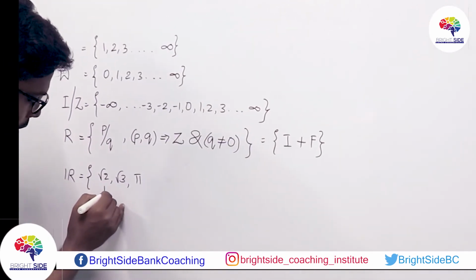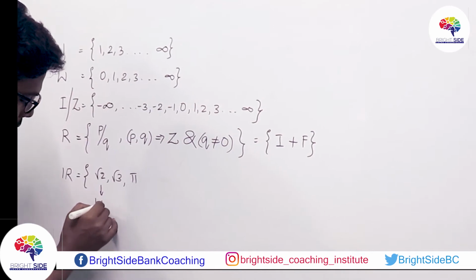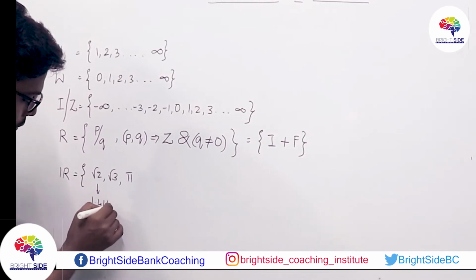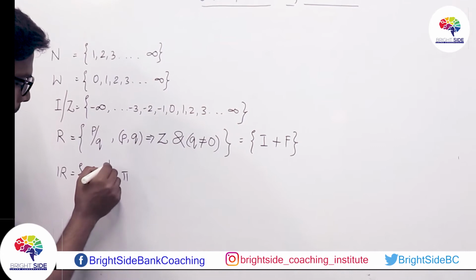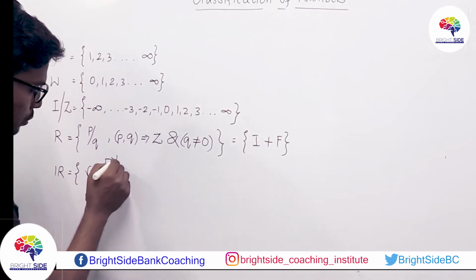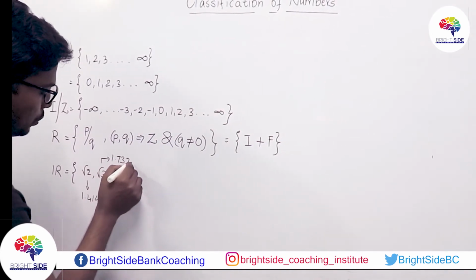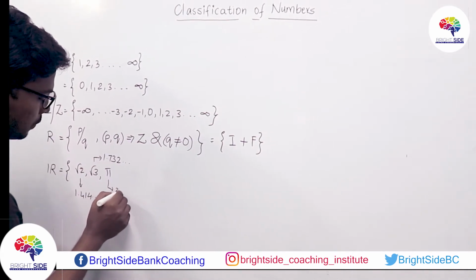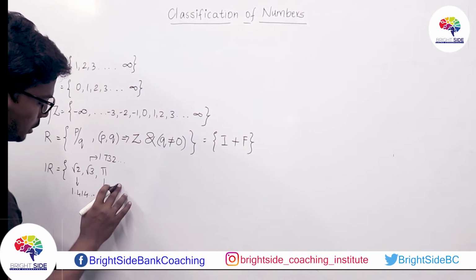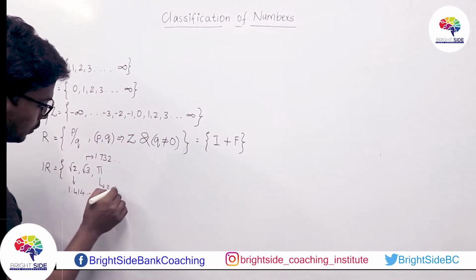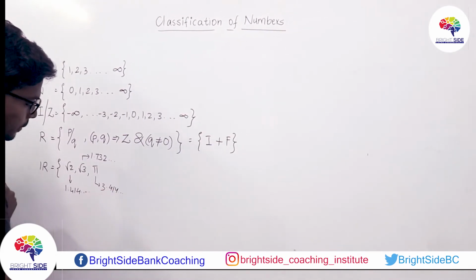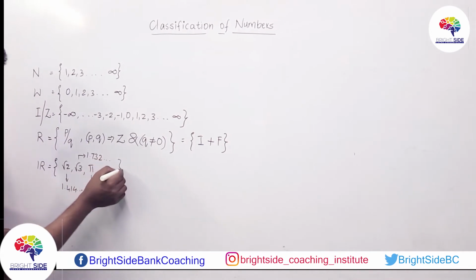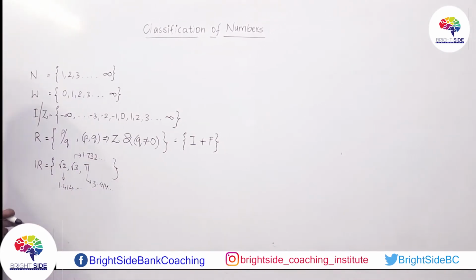So what will be the value of root 2? 1.414 and it continues. And root 3 is 1.732 and so on, it continues. And likewise the pi value is also 3.414 like that. Such numbers are called irrational numbers.